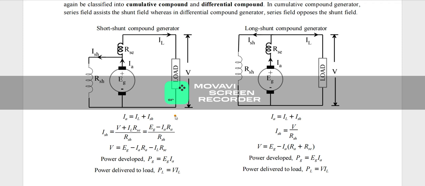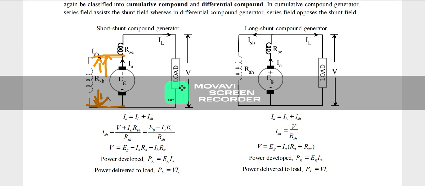Okay. Then if we want to take the equation for current ISH, we already know that this is our EG, right? So both are connected in parallel. This EG will be acting here also.